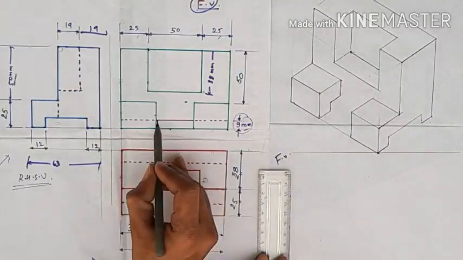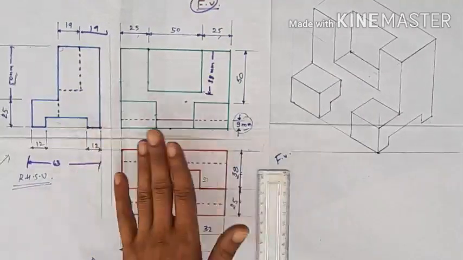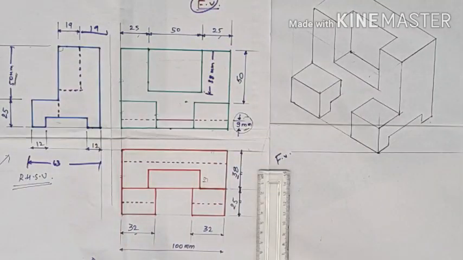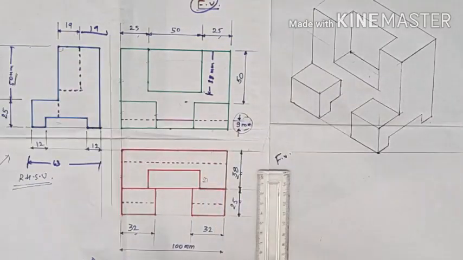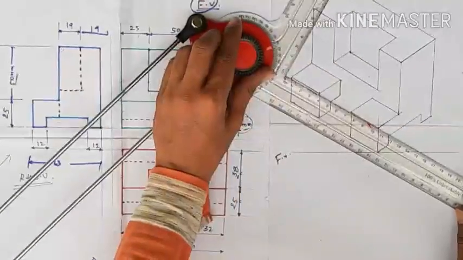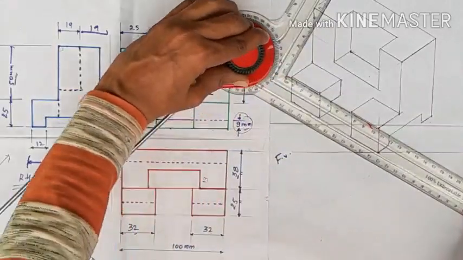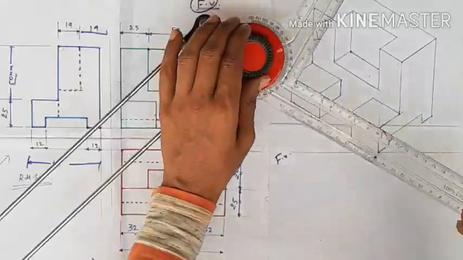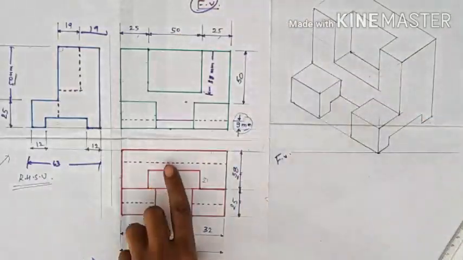And what about this line? Here we see a solid line, this is a dotted line, so we have no doubt, we can't show this line here. It is 9 mm, so make this line like this, fix a line MD parallel to your length side, and now from here draw a line like this, and this is complete.